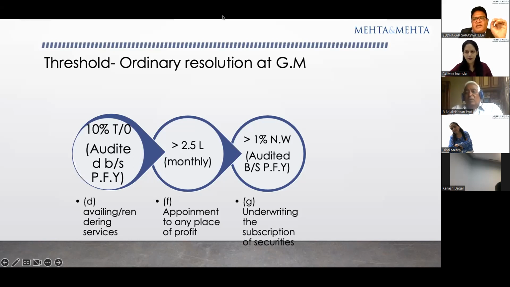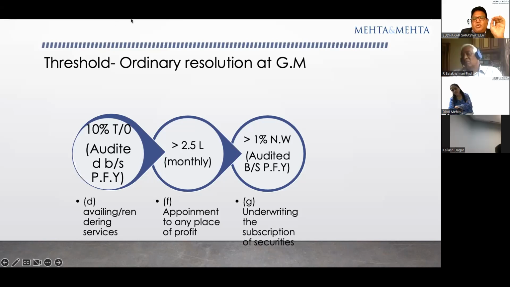My answer was, it is always advisable, because anyway the statutory auditor is auditing the accounts, and the statutory auditors too have to comment on related party transactions in the CARO report. I said, why not take this 3rd-party audit from a company secretary's firm, a PCS firm, because they are fully equipped to do this kind of audit.